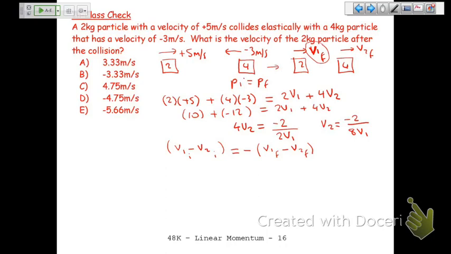So I'm going to say plus 5, I'm looking at my diagram, minus 3 is equal to the negative of v1 minus v2. Let's just rework that. 5 minus minus 3 is 5 plus 3, so 8 is equal to, let's change these two around, v2 minus v1.